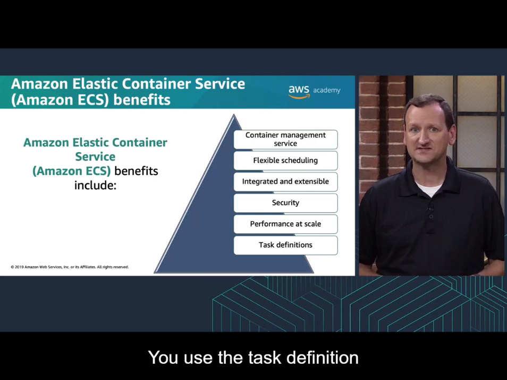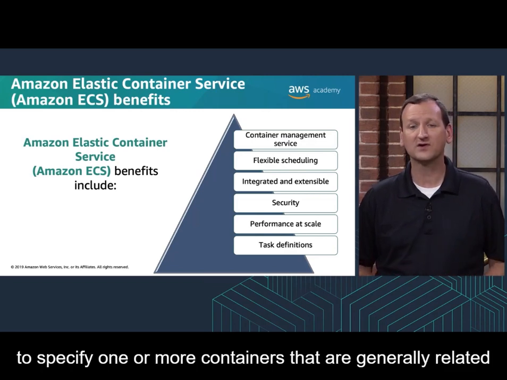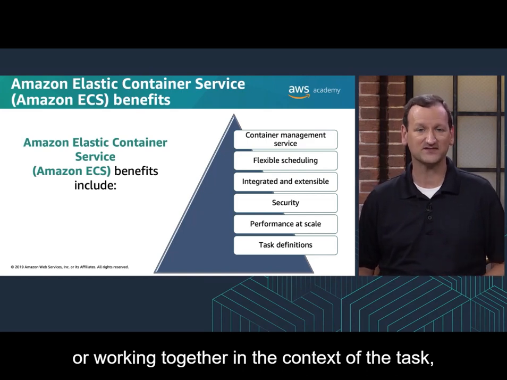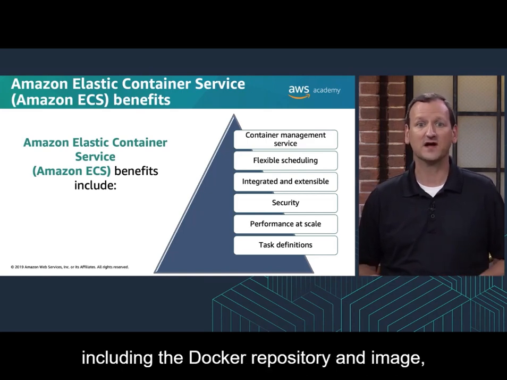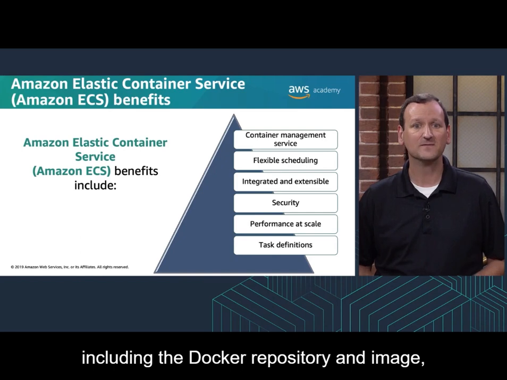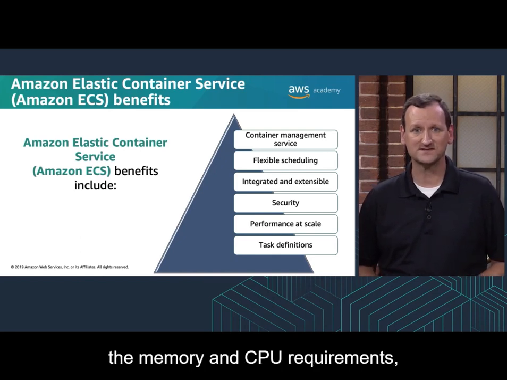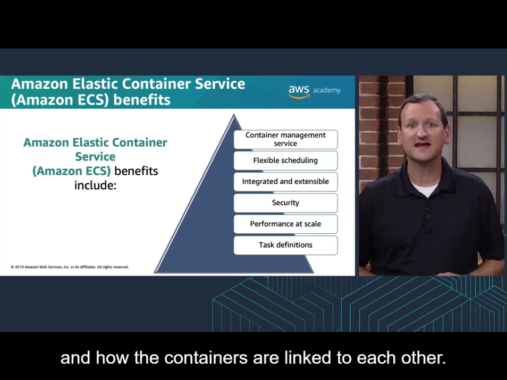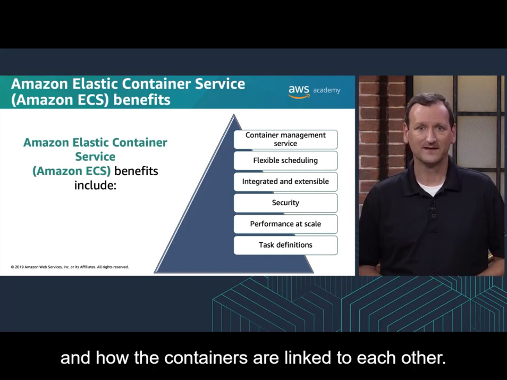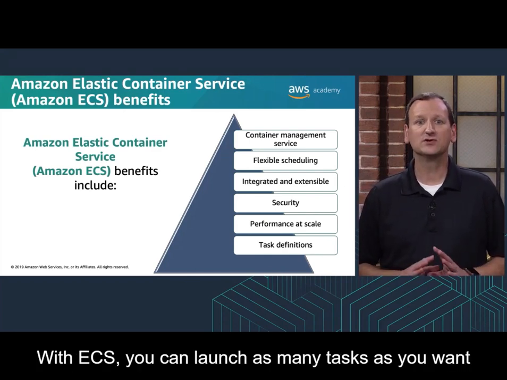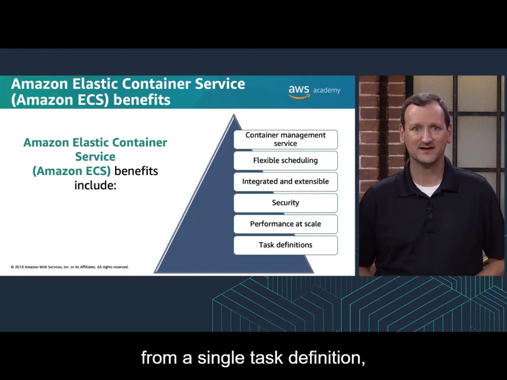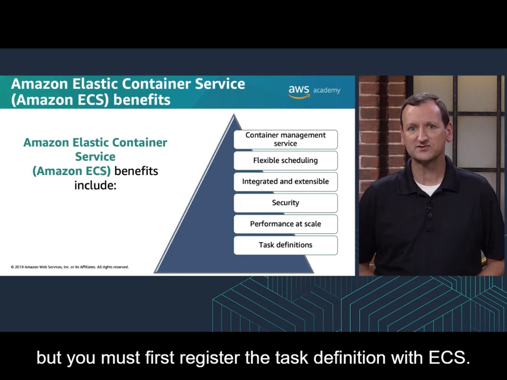You use the task definition to specify one or more containers that are generally related or working together in the context of the task, including the Docker repository and image, the memory and CPU requirements, any shared data volumes, and how the containers are linked to each other. With ECS, you can launch as many tasks as you want from a single task definition, but you must first register the task definition with ECS.